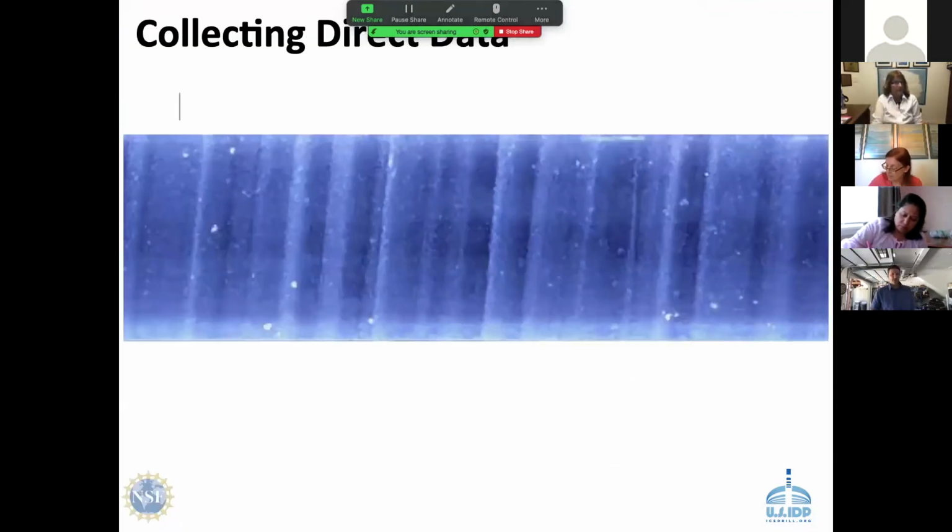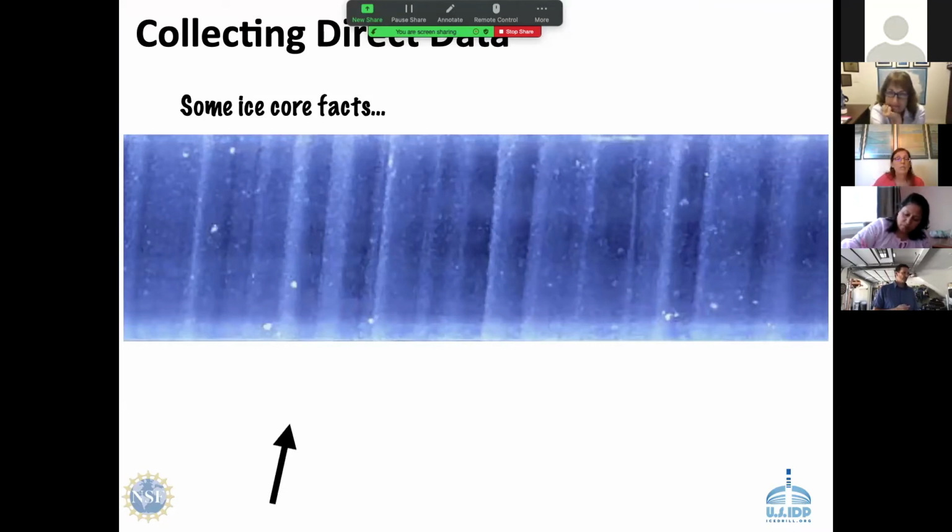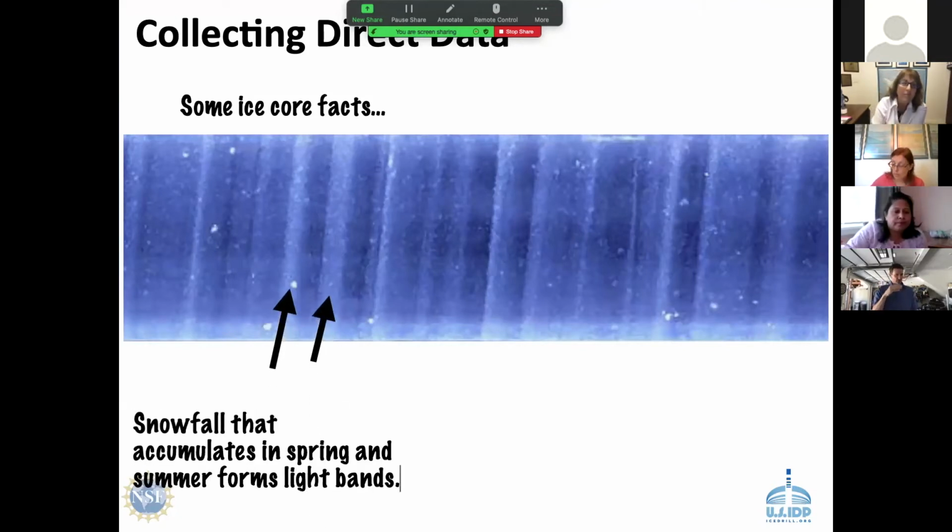So what I'd like to ask you guys to do is collect some direct data on this ice core. But again, here are some facts about these ice cores that you probably have to have in your mind before you can actually start to collect some direct data. So fact number 1 would be this. If you notice, there are some lighter colored layers in there.